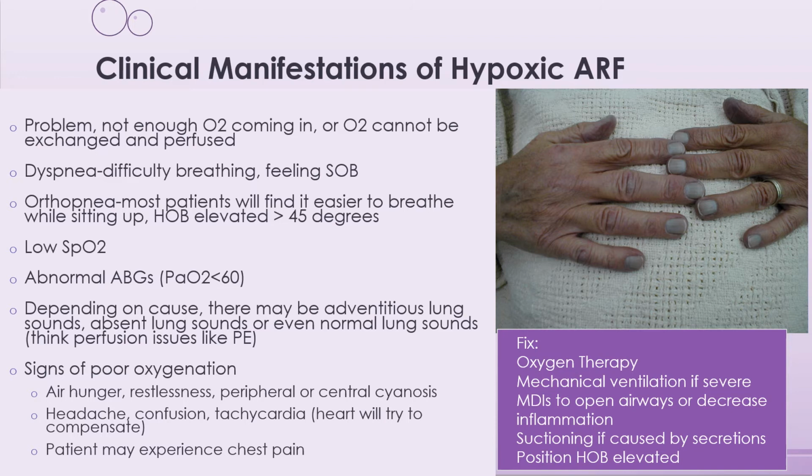Okay. Low SpO2, so you put the probe on and it's reading low, less than 92%. Abnormal ABG. So if we have a PaO2, remember we're talking pressure of oxygen and we're talking hypoxia, okay? If it's less than 60, you are for sure hypoxic. A normal PaO2, a ballpark, is at least 80.